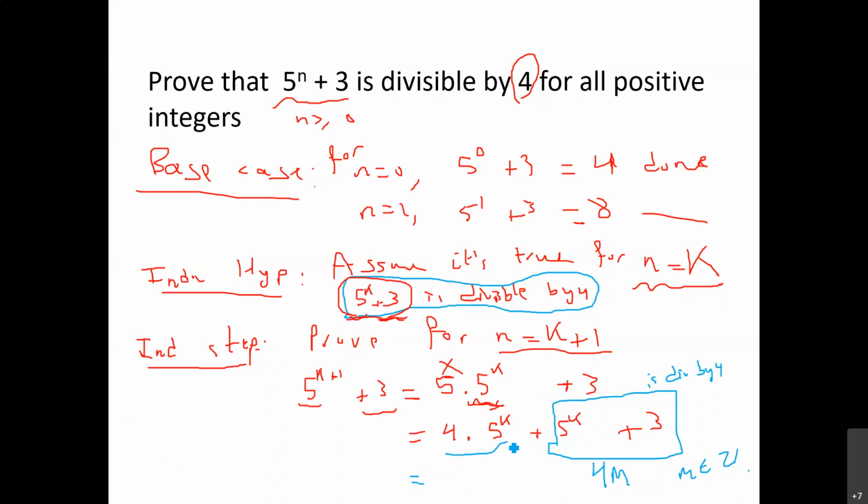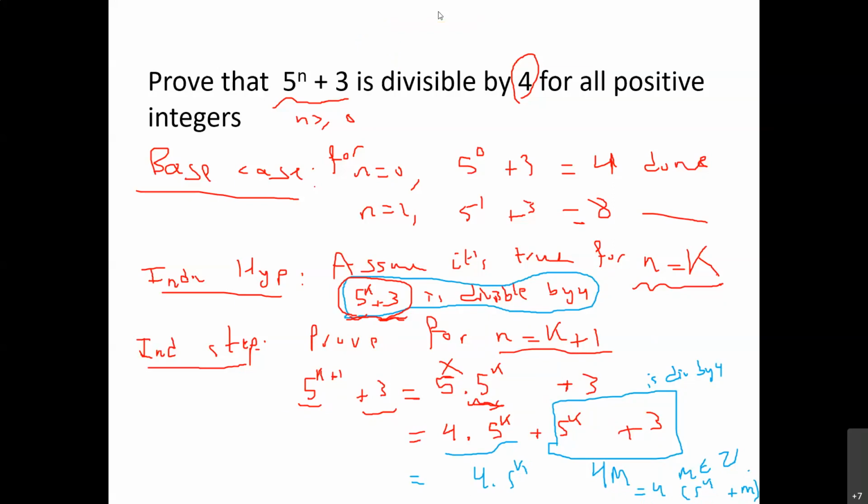It's already 4 times something. 4 times 5 power k. So if you just take 4 in common into 5 power k plus m, you're done. It's 4 times something. So this whole thing is divisible by 4.